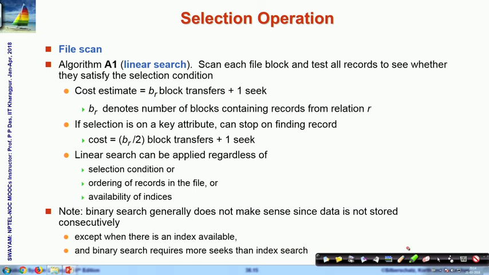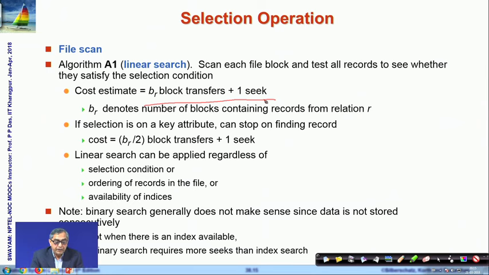So, the cost for that would be BR block transfers. If BR is the number of blocks containing records from relation R, then BR blocks have to be read and one seek has to happen. Now, if the selection is on a key attribute and we can stop on finding the record, then on average we can expect to find it after having read half of the blocks.